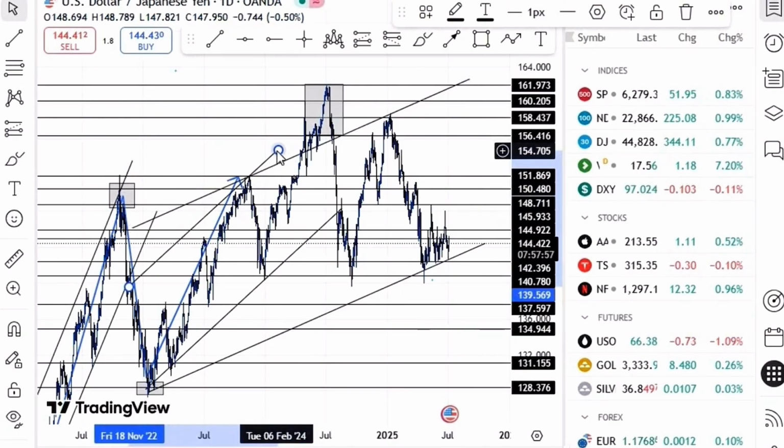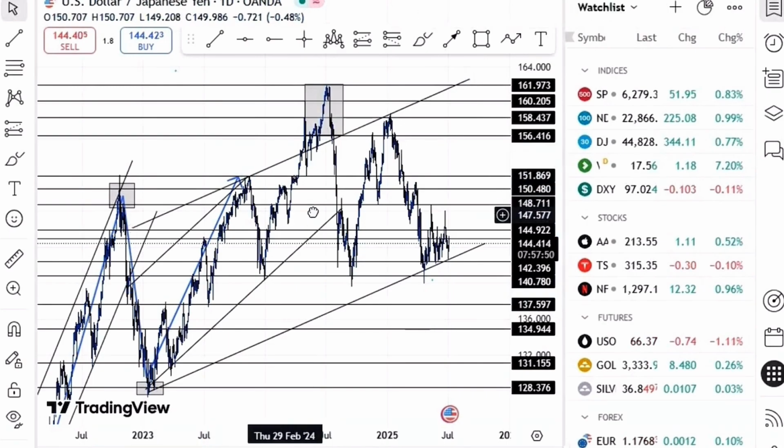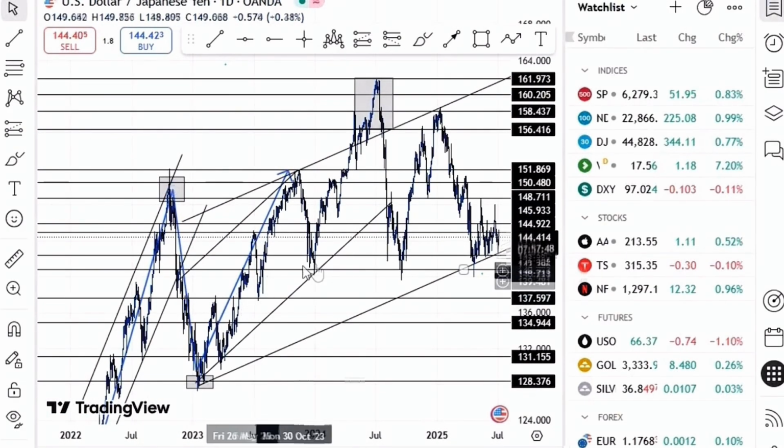Then we have, it's at this point here. So this is what we call trends in trends, guys. With trends in trends, we actually see the full view of the market in the current time.